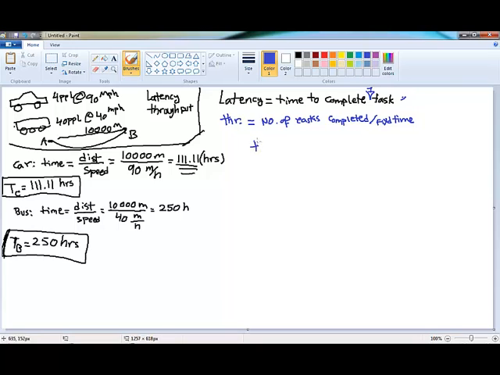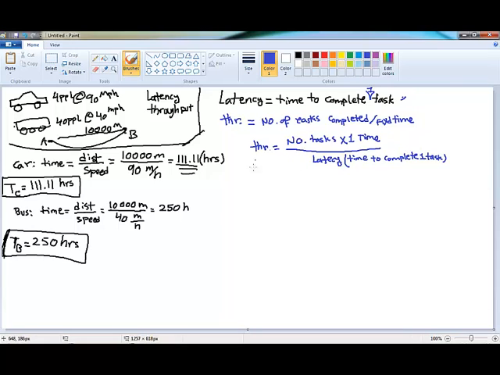So to calculate my throughput, I look at the number of tasks and I multiply it by my unit of time, basically 1 second, 1 minute, 1 hour, 1 day, and then divide it by my latency, which basically means the time it takes to complete one task.